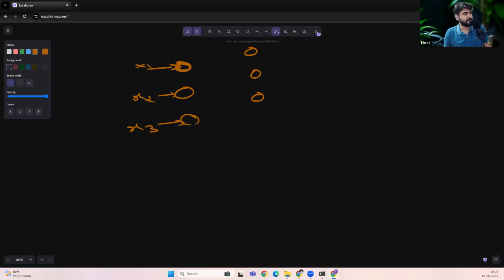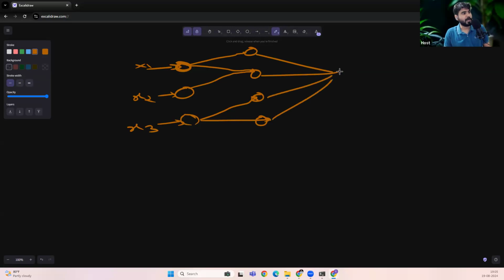So we are going to create the hidden layer here. Now after that, we are getting the final as an output layer here. So this is called an output layer. This is called input layer, and this is called here our hidden layer.